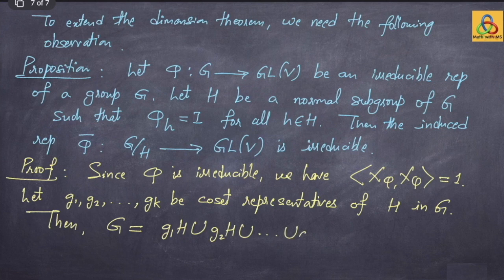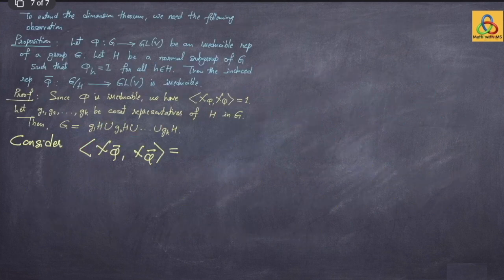So each element in the group G falls in exactly one of the cosets since they form a partition of the group G.